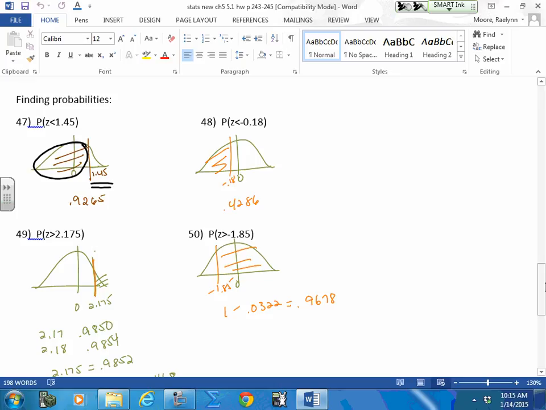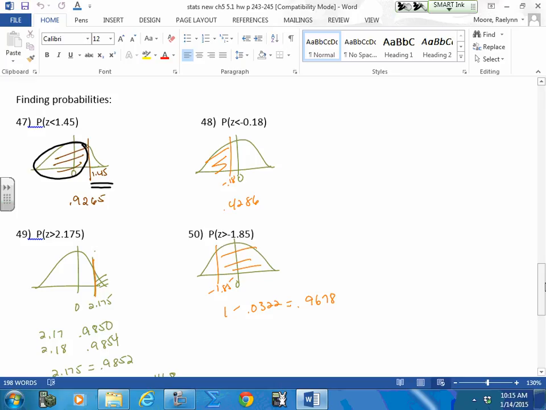This probability, we've been finding your area to the right and to the left. And I've been saying for the past couple days that your area under the curve is equal to 1, and your probabilities of all your outcomes for an event is equal to 1. So we should be able to find the probability of these things happening using your area.